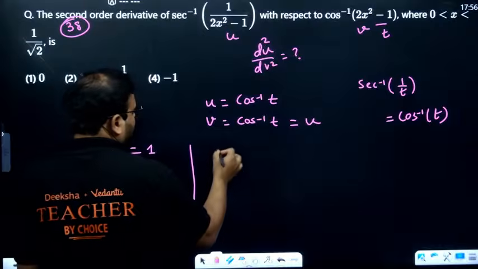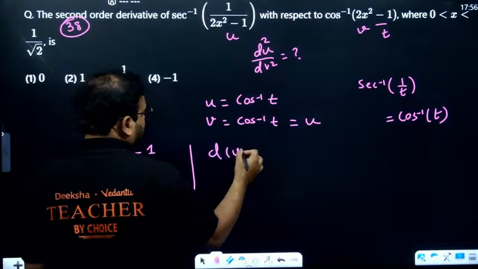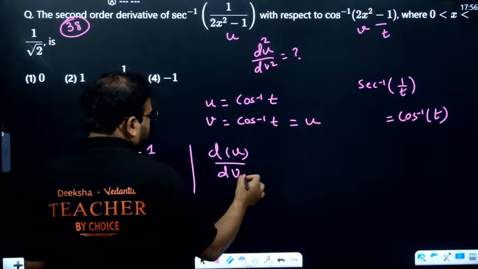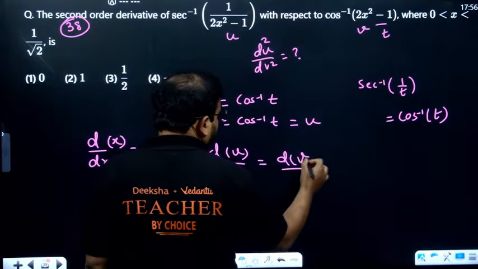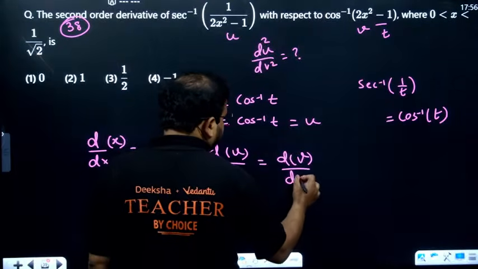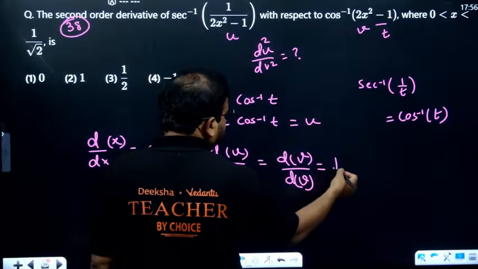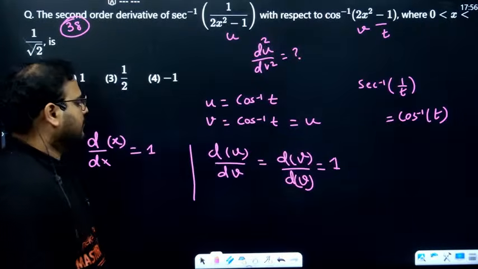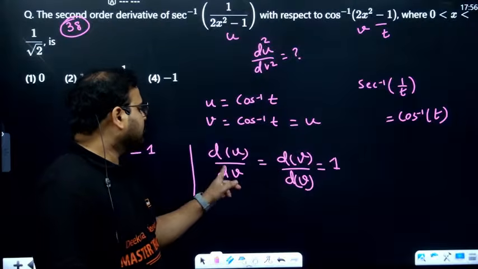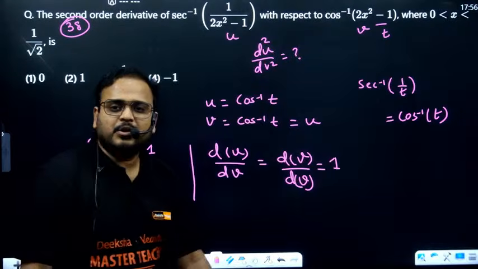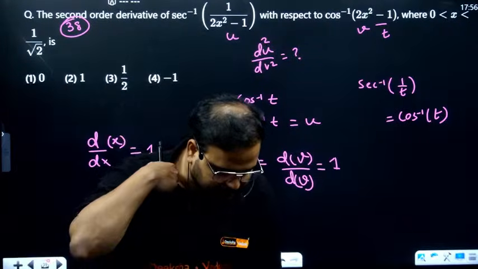By the same logic, differentiation of u with respect to v, which actually is differentiation of v with respect to v because they're both the same, will be 1. Because u and v are same, so I can write u as v. It becomes differentiation of v with v is 1. So why is it coming as -1?